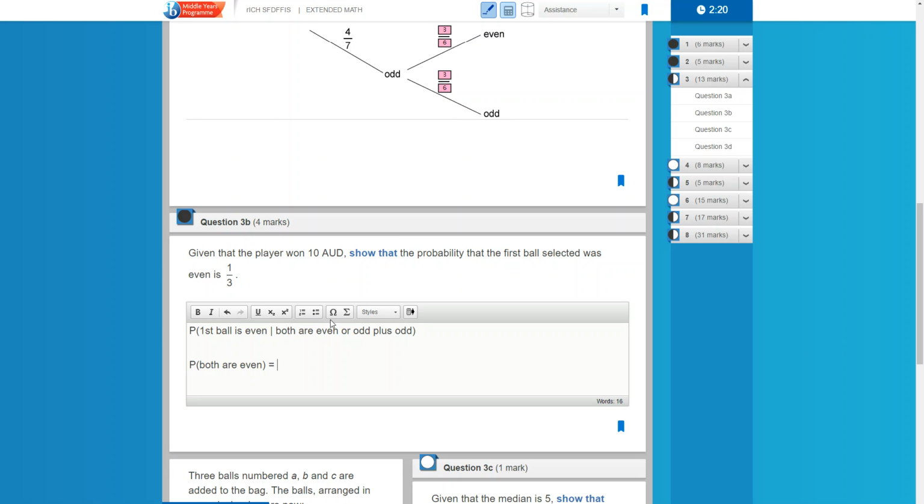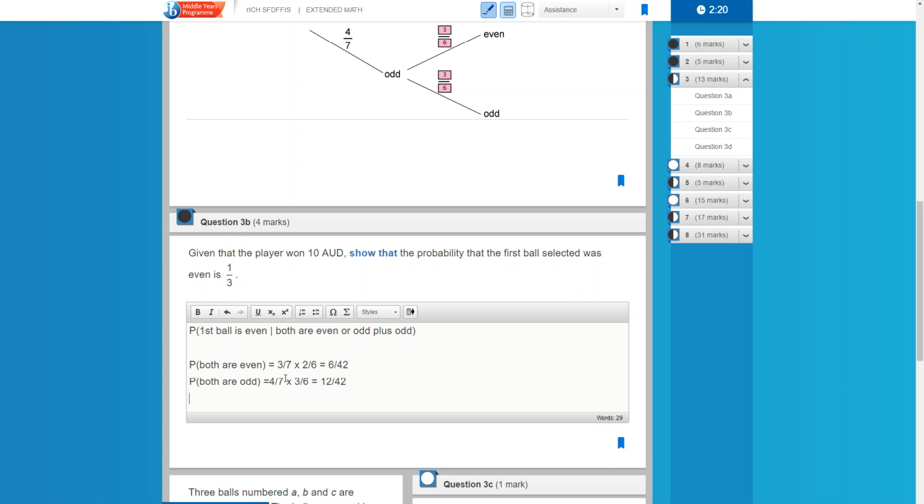So I'll do my 3 over 7 multiplied by 2 over 6, which equals 6 over 42. The probability that both are odd: 4 over 7 times 3 over 6, which equals 12 over 42.